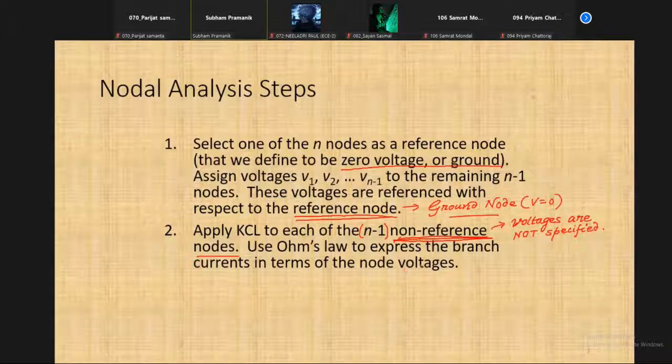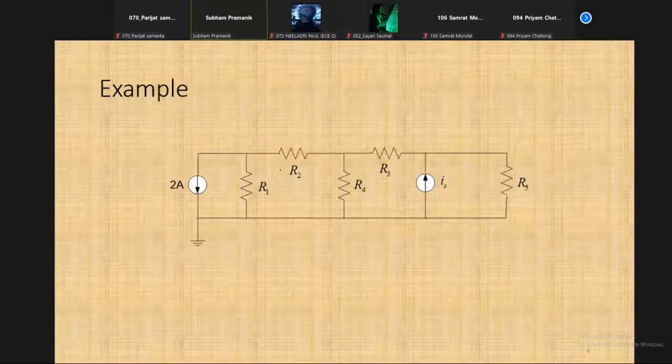So what is the procedure? Suppose this is an example. Can you tell me how many nodes are there? Someone tell me how many nodes are there? 4. Yes, effectively there are 4 nodes.